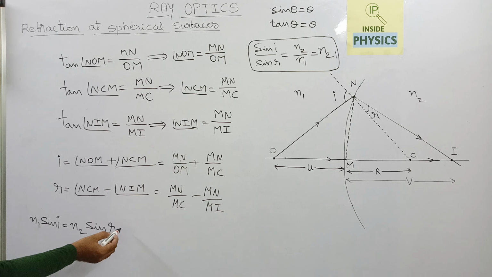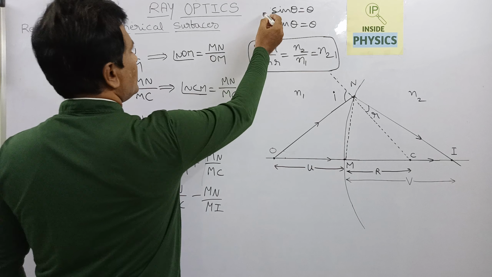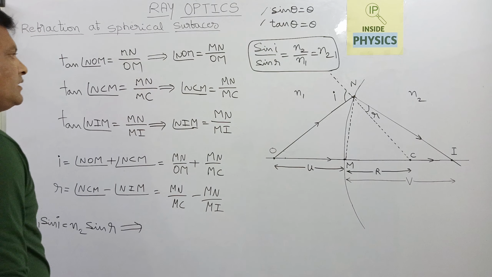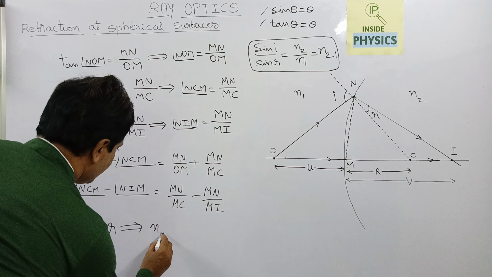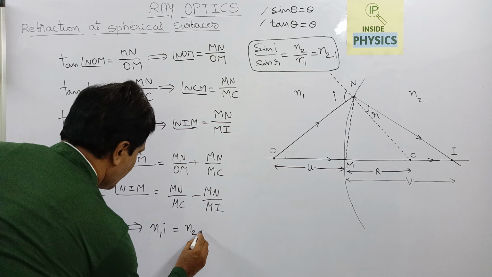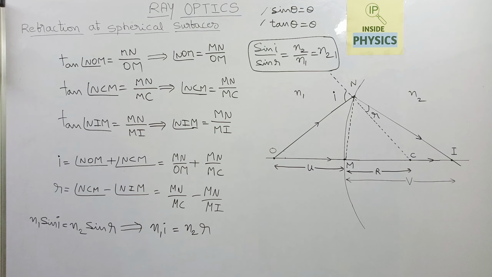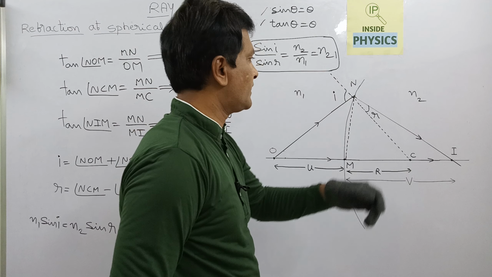Again, for small angles, if angle theta is very small, we can write sin I is equal to I and sin R is equal to R. So this becomes N1 I is equal to N2 R. N1 and N2 are the refractive indices of the first medium and the second medium.